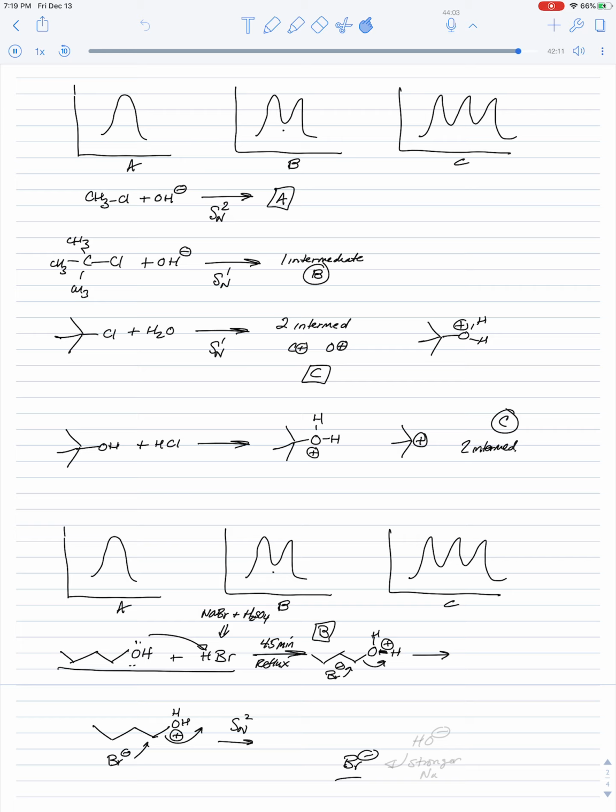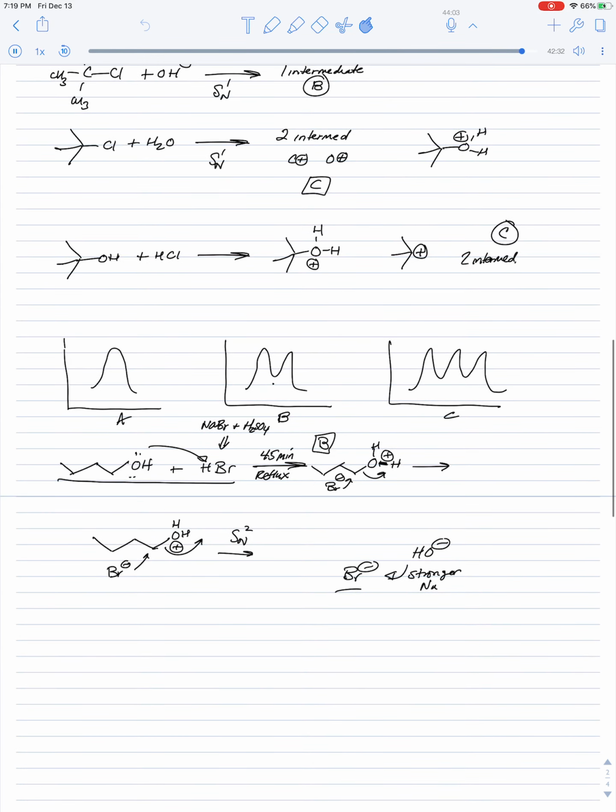You compare Br minus to OH minus. OH minus is a much stronger nucleophile than Br minus. As a matter of fact, take any halogen and compare it to OH minus, halogen loses in nucleophilicity. But take halogen, compare it to OH in a leaving group situation, and leaving group wins. Okay.